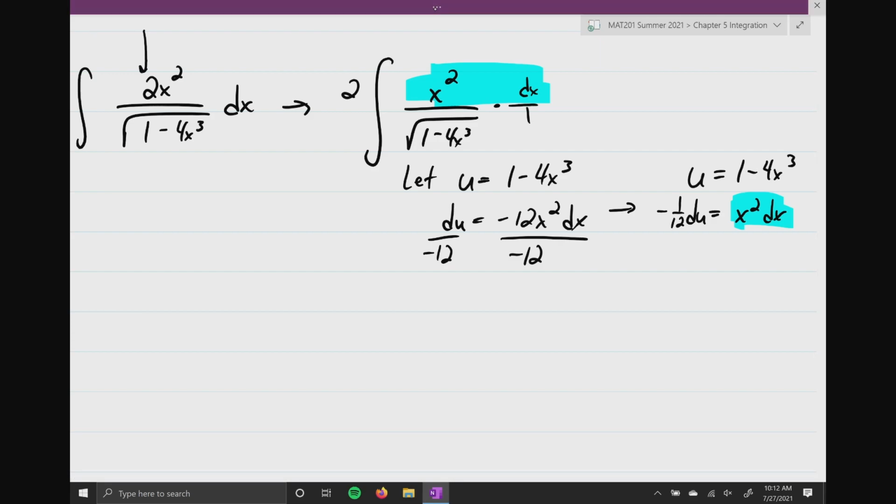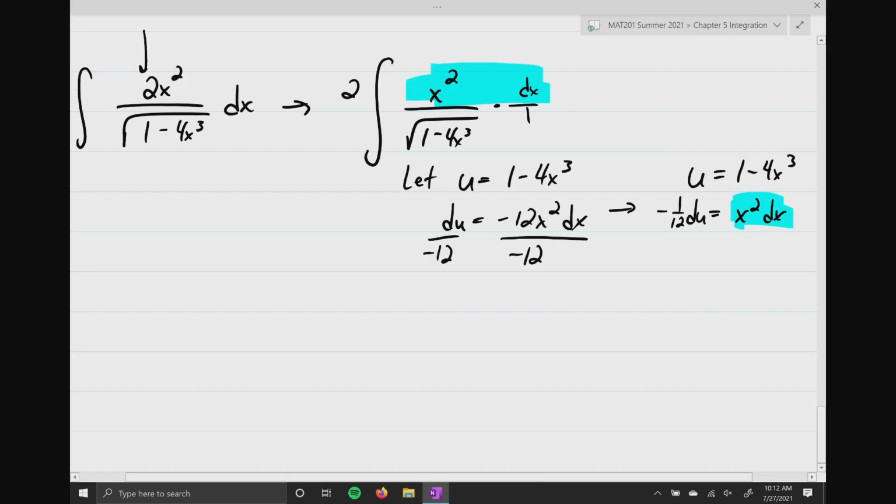So I'm just going to rewrite my problem as 2 times the integral. Instead of writing x squared times dx, I'm going to write negative 1/12 du over, and instead of writing the square root of 1 minus 4x cubed, I'm going to write the square root of u.